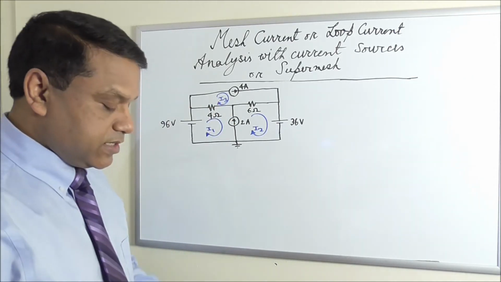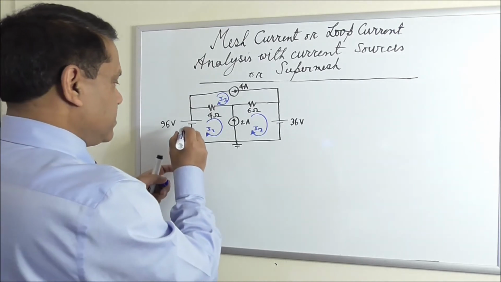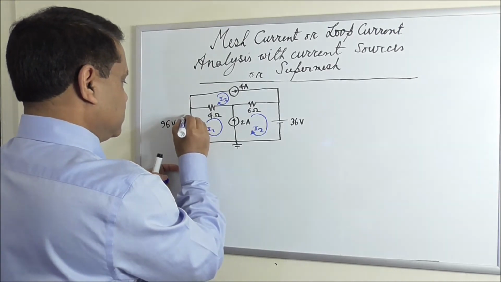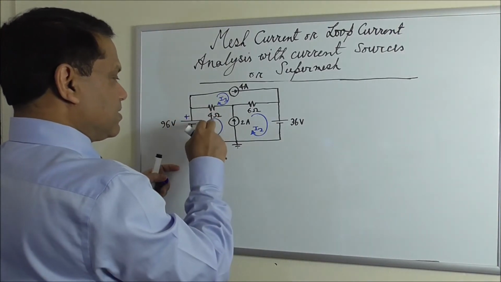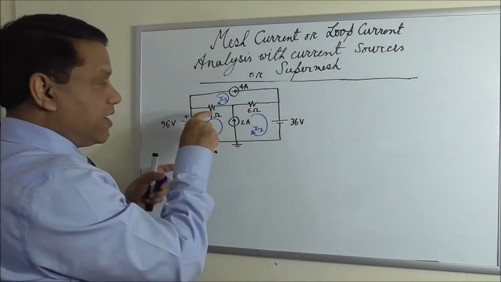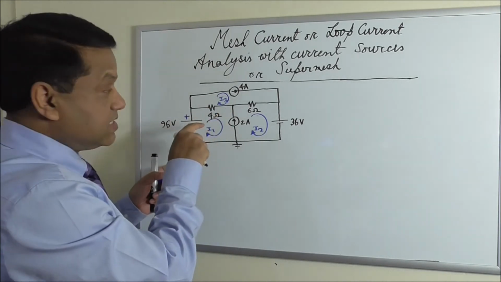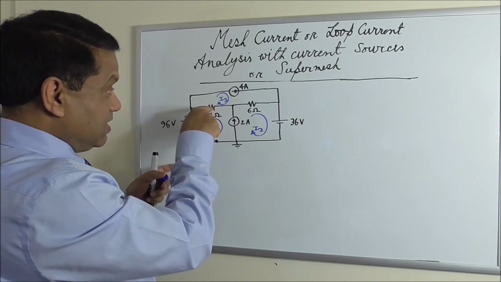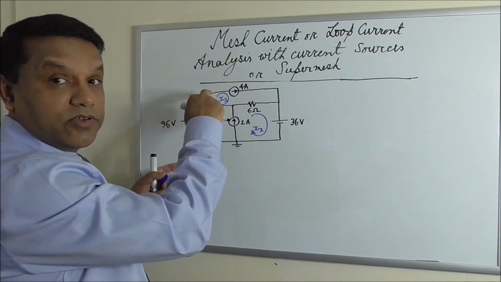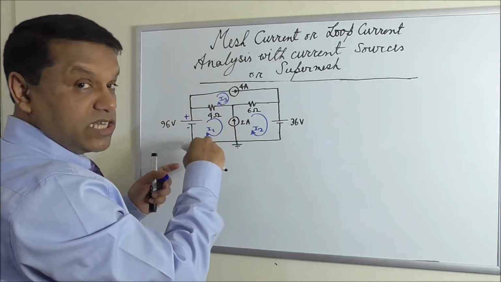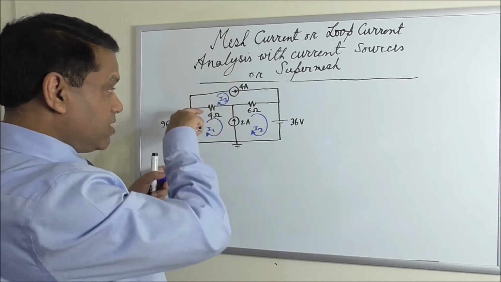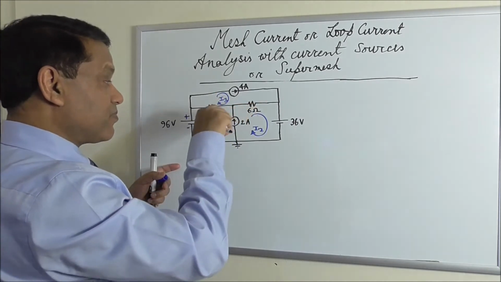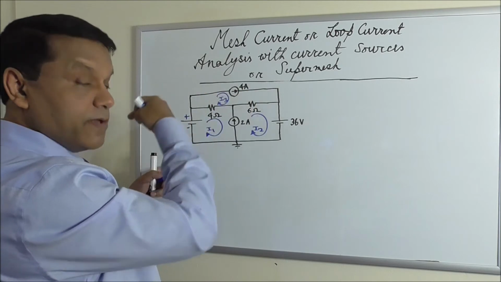Now to write KVL equations, we have to mark polarities, here minus, plus, and when you are considering this loop, current is flowing this way, I1 minus I3, because this resistor is between these two loops which have loop currents I1 and I3. I1 is in the direction in this way, and I3 is the other way.